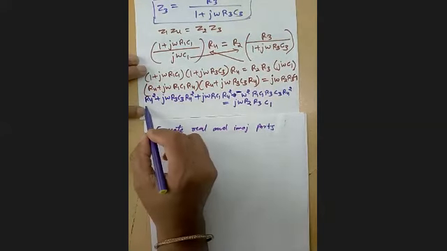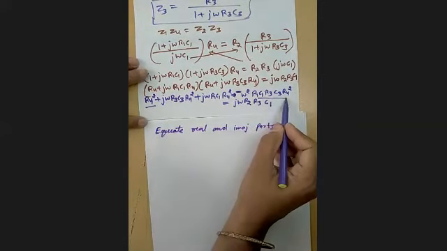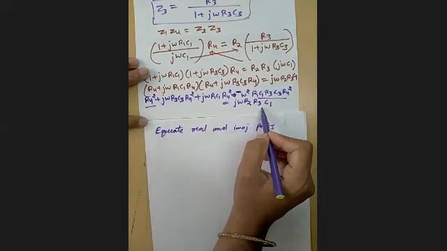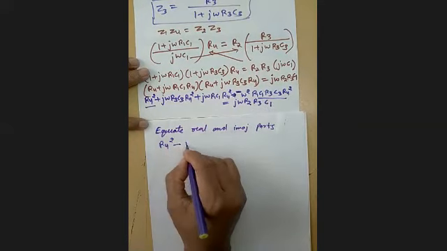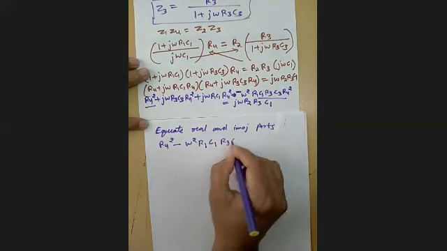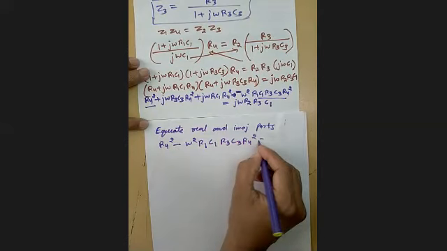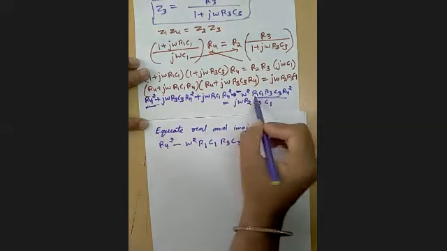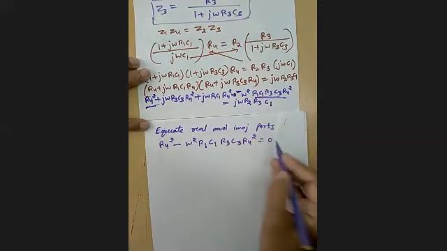This is the real part, this is also the real part, and on the right hand side there is no real part. So R4 square minus omega square R1 C1 R3 C3 R4 square is equal to 0.